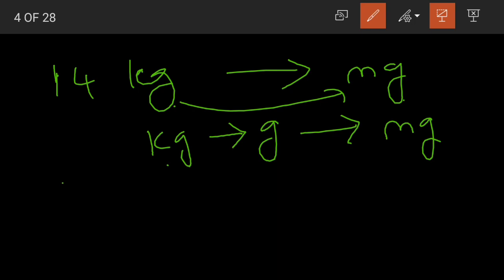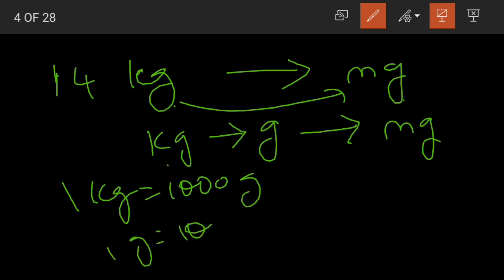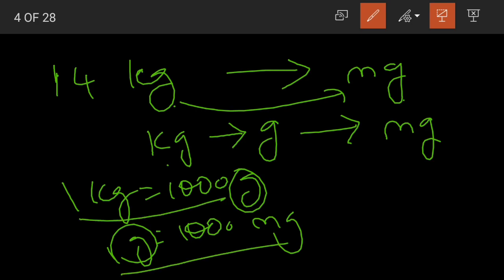Why is this? Because we know that 1 kg is equal to 1000 grams and 1 gram is equal to 1000 milligrams, right? Now we know these relations. So we'll move forward in the same way. First kilograms will be converted into grams, and again these grams will be converted into milligrams.